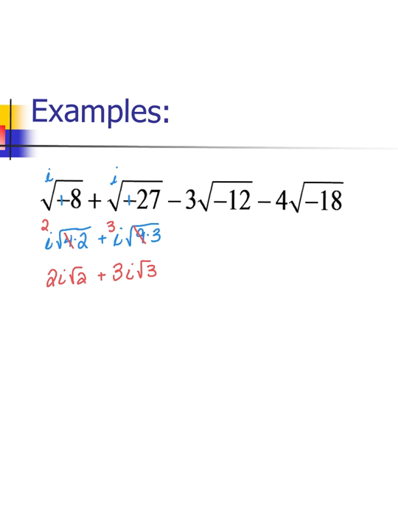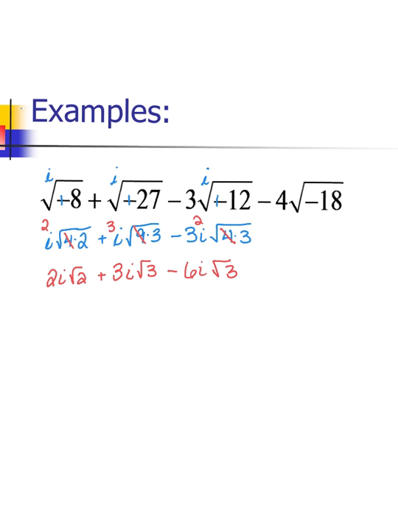If I look at the third term, again, I'm going to put an i out front because there's a negative under the radical. This is negative 3i. Factors of 12, 1 is a perfect square. That becomes 4 times 3. The square root of 4 is 2. So now this becomes negative 6i radical 3.